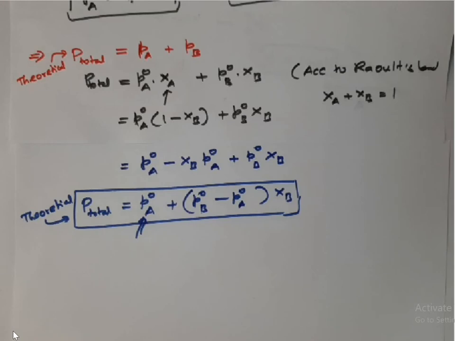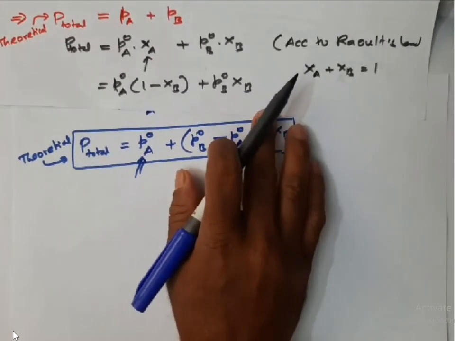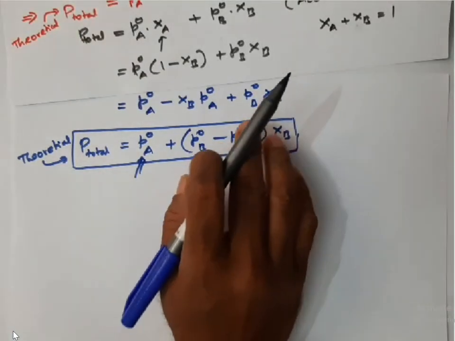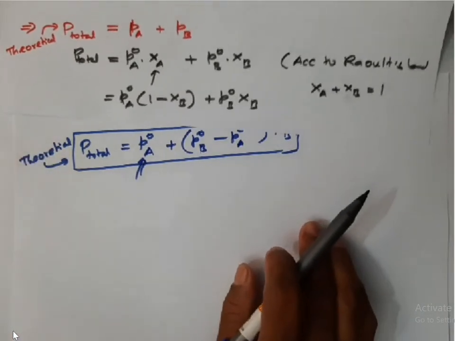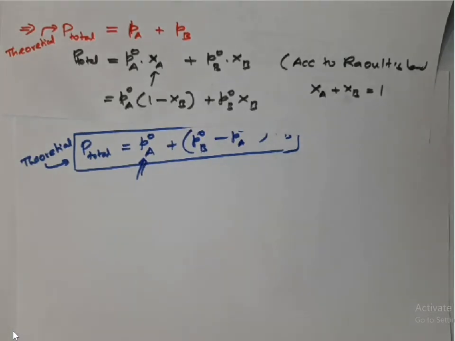Now what I'm going to do, I'm going to plot all these values. Students, observe this carefully. So we have taken a liquid solution. These are the equations we derived.